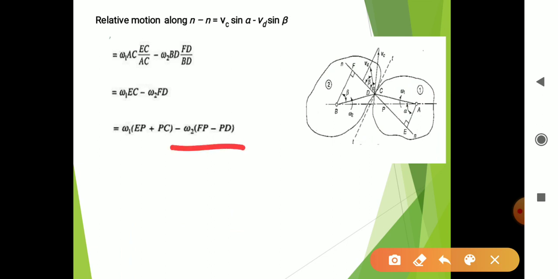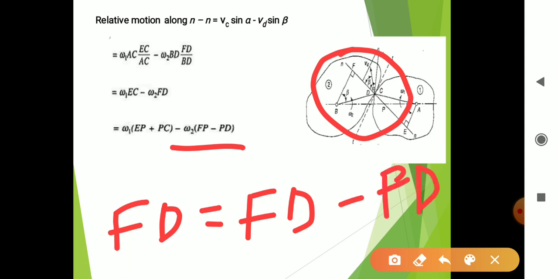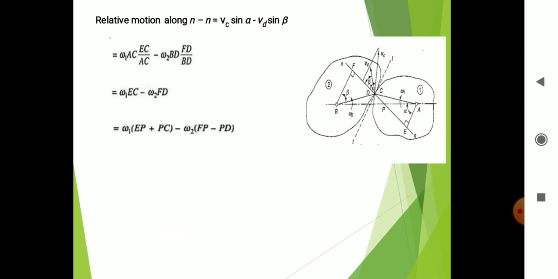FD is equal to this total line FP minus this PD. Where is PD? Here is PD. So what we got here is FD.